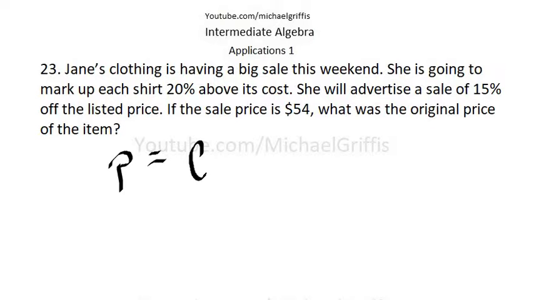Now this is really what the price of the item was before the sale. And it's 20%, so we'll say P = C + 0.20 times C. So you see they're marking it up 20% above its cost.